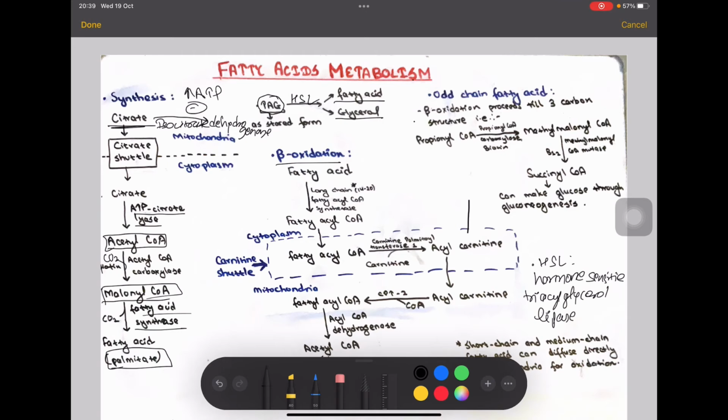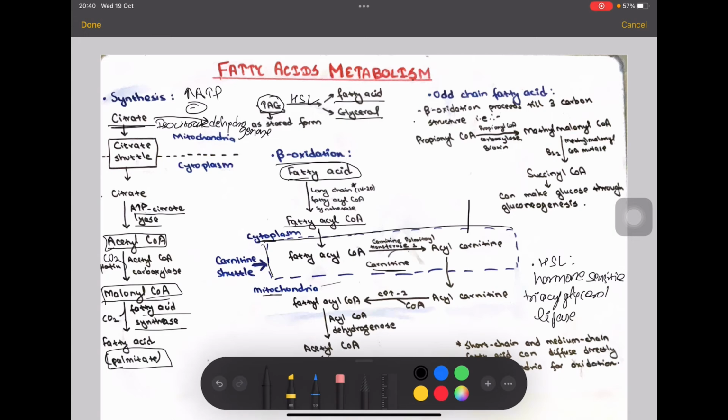So the fatty acid is converted into fatty acyl CoA by an enzyme, fatty acyl CoA synthetase, which applies only to long chain fatty acids, so its name is long chain fatty acyl CoA synthetase. Now this fatty acyl CoA has to cross the membrane; this is the cytoplasm and this is the mitochondria. There is one enzyme, carnitine palmitoyl transferase 1, and with the help of carnitine it converts fatty acyl CoA into acyl carnitine.